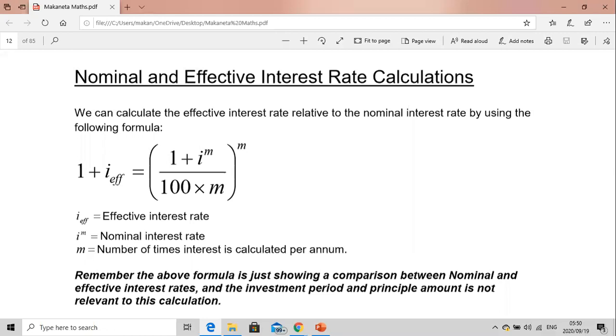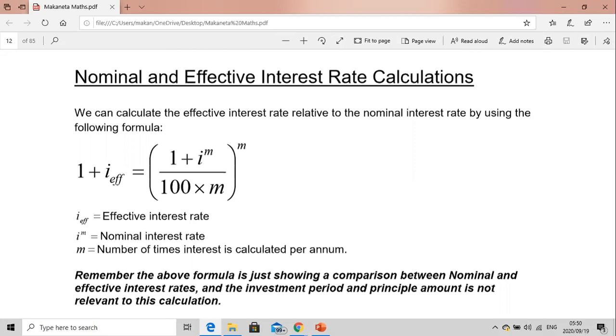And this is the formula we can use to calculate the effective interest rate relative to the nominal interest rate. At times, you may be given the nominal interest rate and be required to find the effective interest rate. As long as you are given the number of times that interest is calculated per annum, you should be able to calculate the missing link.